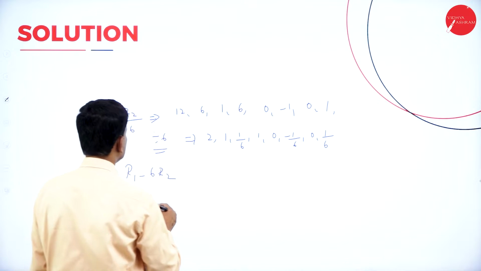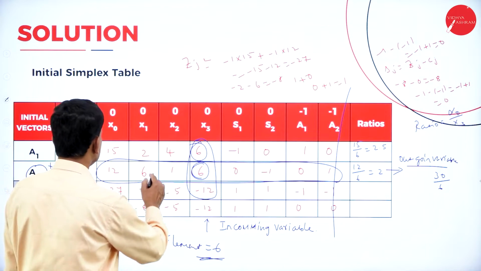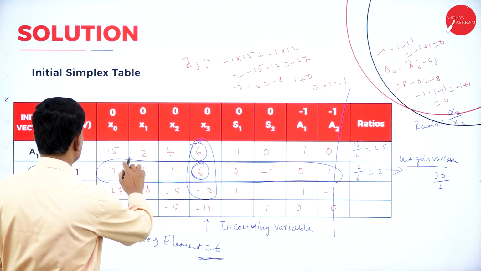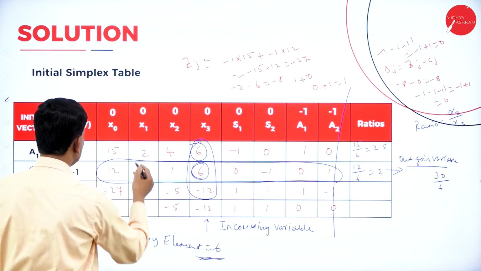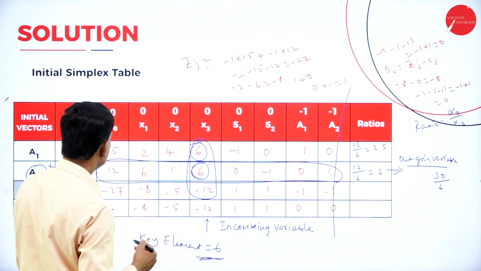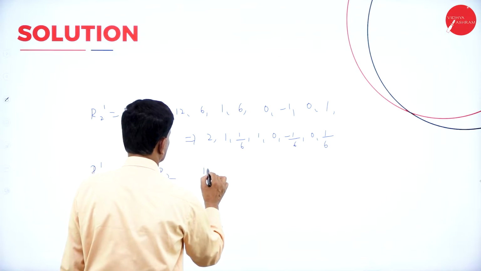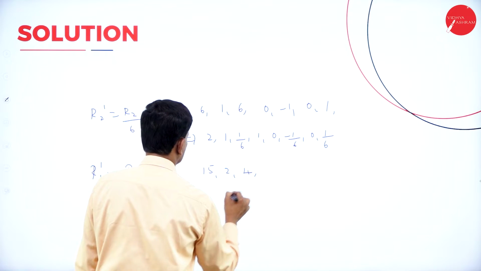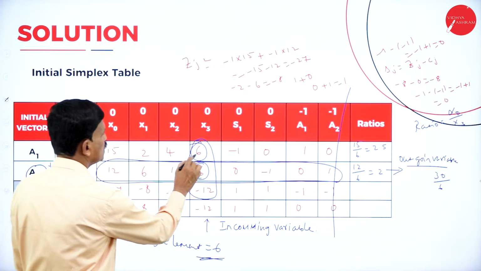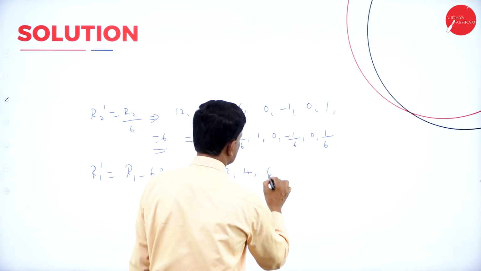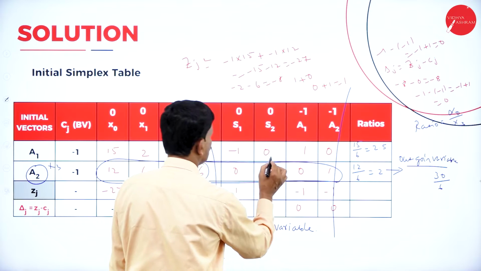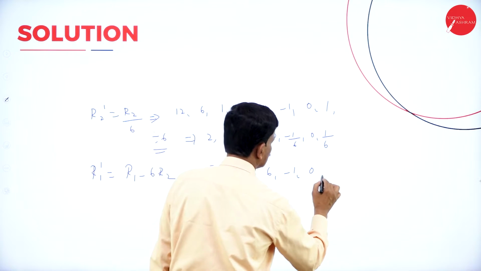What is R1? The elements of R1 are 15, 2, 4, 6, minus 1, 0, 1.